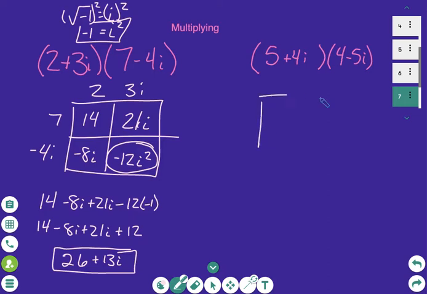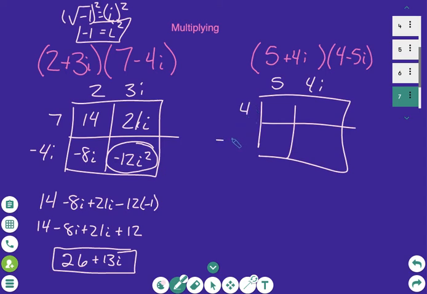So same thing over here. Set up the box. It doesn't matter what goes on either side. Then we go through and simplify.